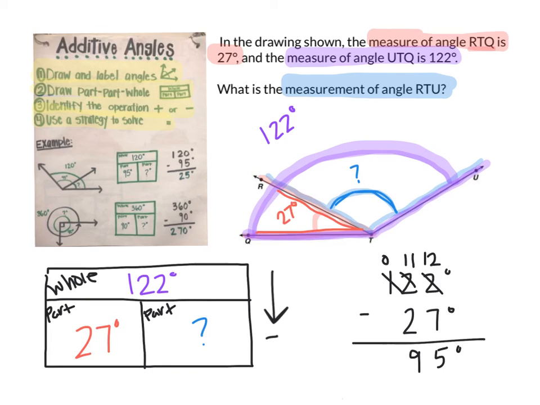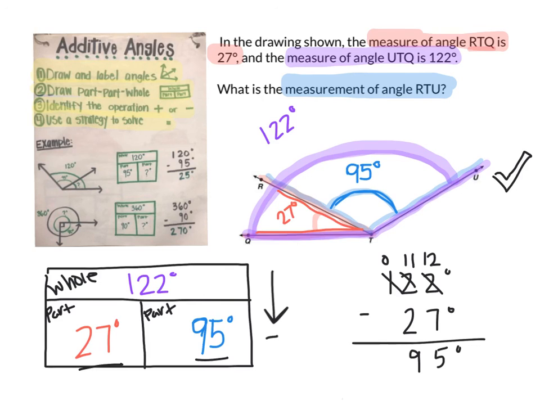We can plug that back into our chart. And add it to our picture. Now the last thing we can do to check our work is we can take our two parts, add them together to check to make sure they equal 122 degrees.